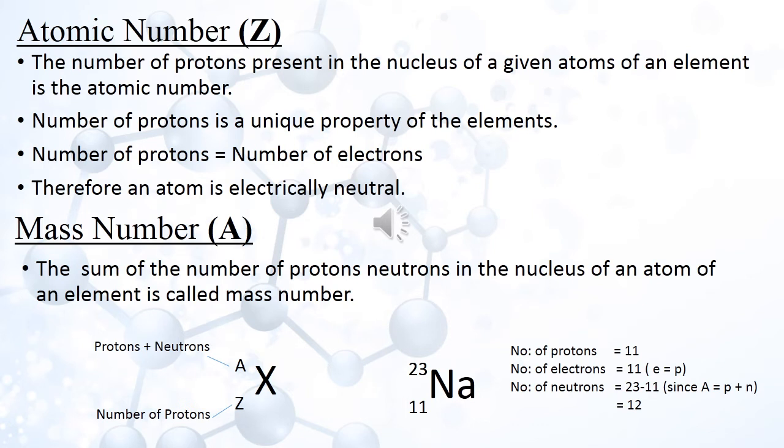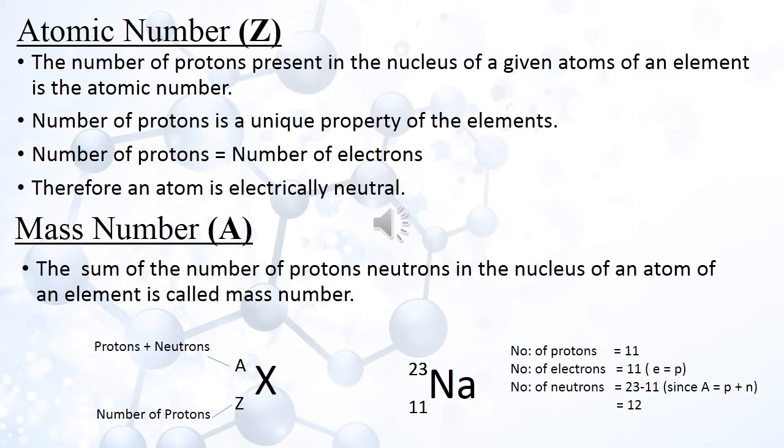So, in an atom, only protons, electrons and neutrons are there. So how can you find the number of protons now? It is the atomic number, that is 11. The number of electrons is also 11. Why? We know the number of electrons equals the number of protons.